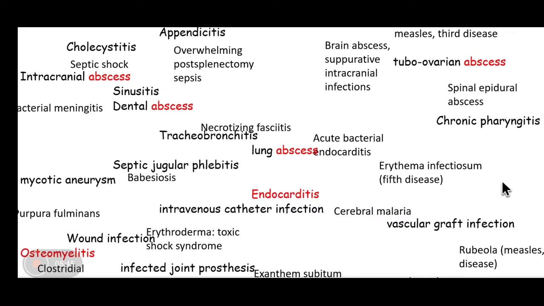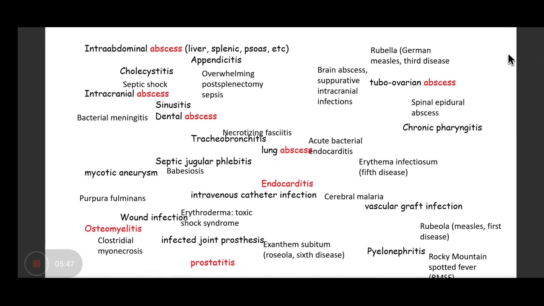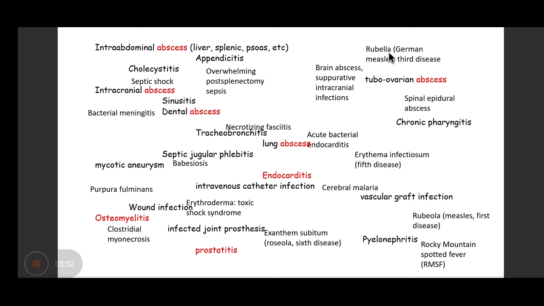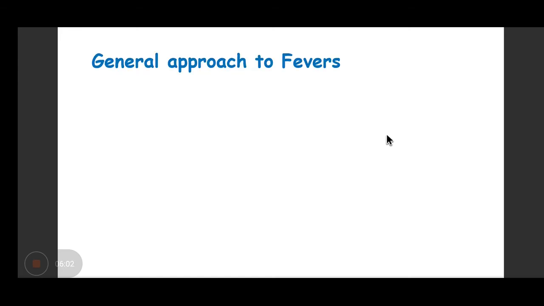Then how to proceed for the diagnosis? Somebody said that we will take history and make a probable diagnosis. Yes, that is right. What we do is take history, right?